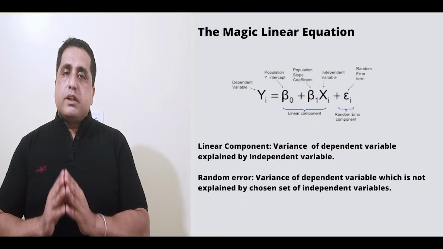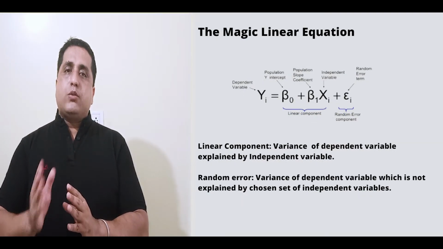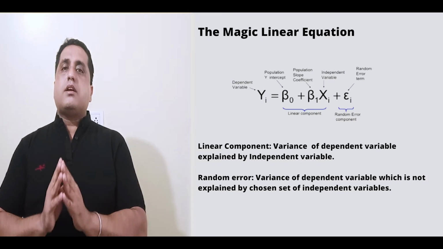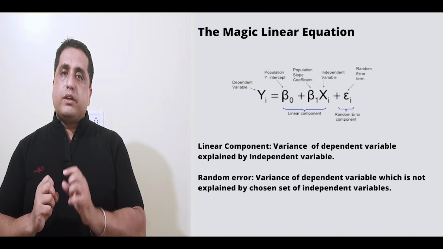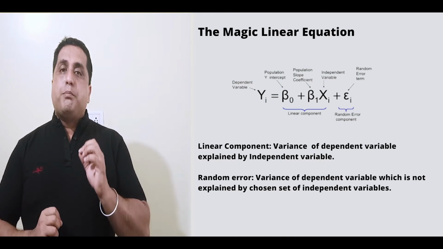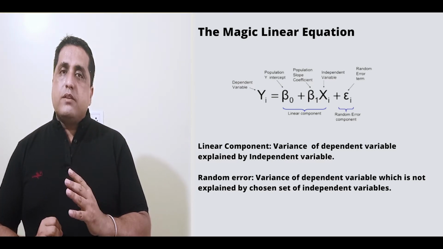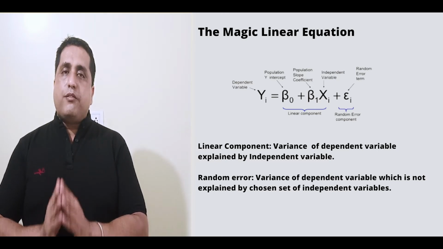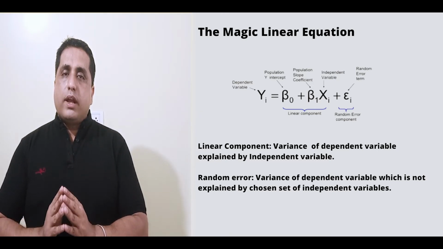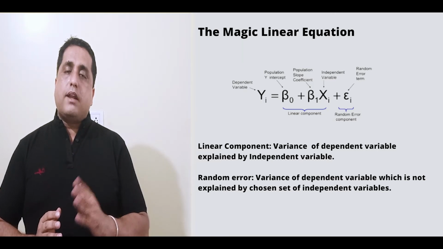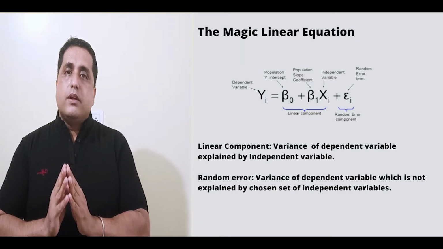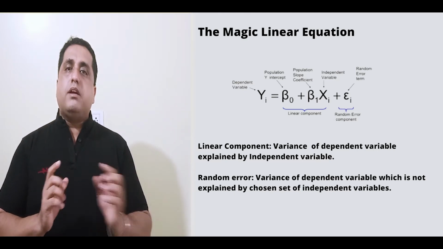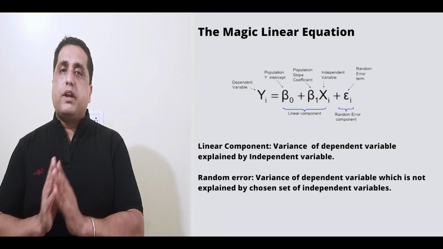The first part is the linear component within the equation and the second is the error term. The linear component indicates the percentage of variance of the dependent variable being explained with the help of the independent variables, whereas epsilon signifies the error term, the variance which has not been explained with the help of independent variables.